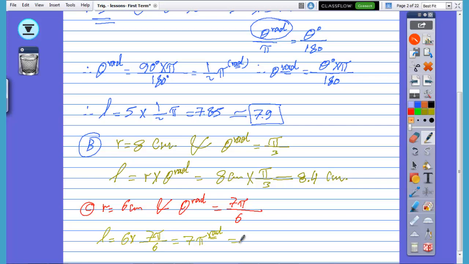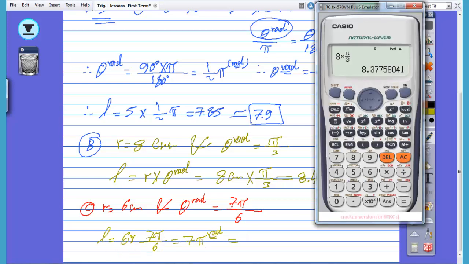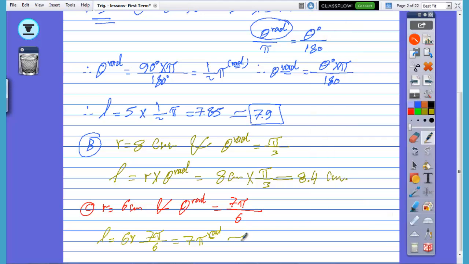We must complete the solution by multiplying 7 by pi and writing it in decimal, which equals approximately 21.9 centimeters. Now go to the second question.